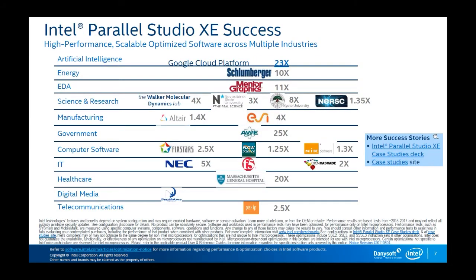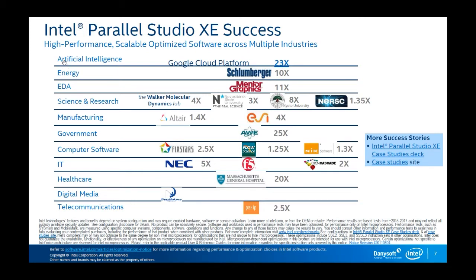Well, in this slide, I will present some of the successes of using this Intel Parallel Studio suite in different areas, from artificial intelligence, used on Google Cloud, where the code can be obtained 23 times faster using this Parallel Studio suite. There are also links available in the presentation where you can check all these success cases.